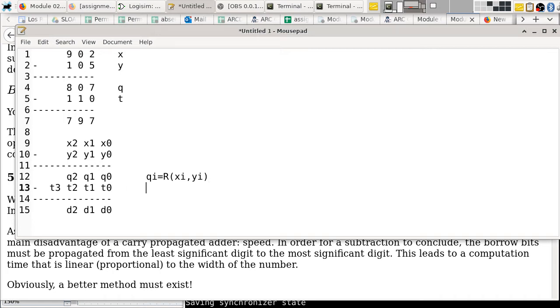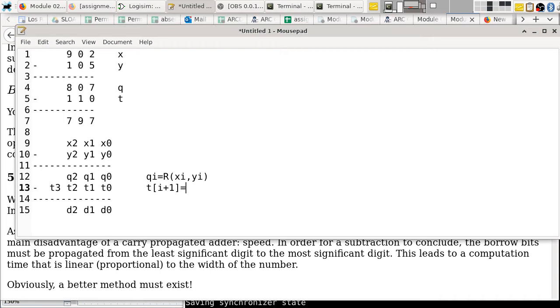What about Ti plus 1? In other words, I look at T2, okay? I look at this one here, and I ask, well, who can contribute to this borrow bit? Well, we have 2 places, right? Because xi minus yi can contribute to T2, but qi minus ti can also contribute to T2.